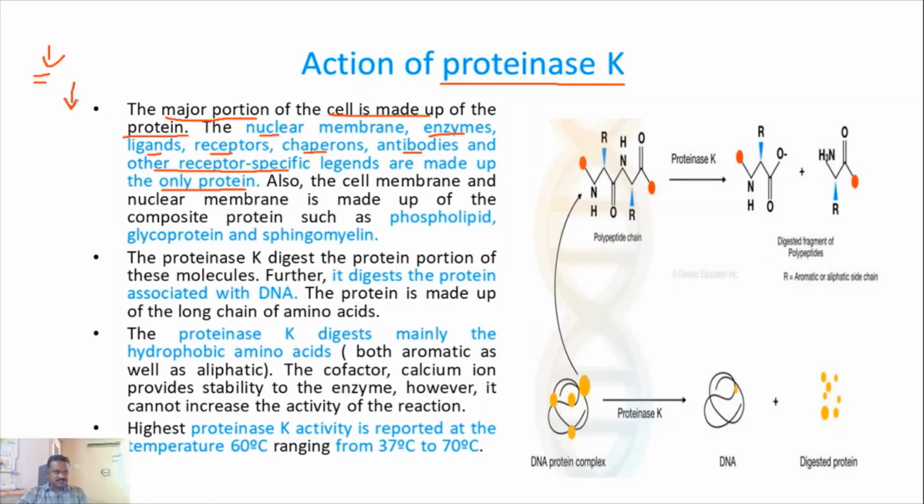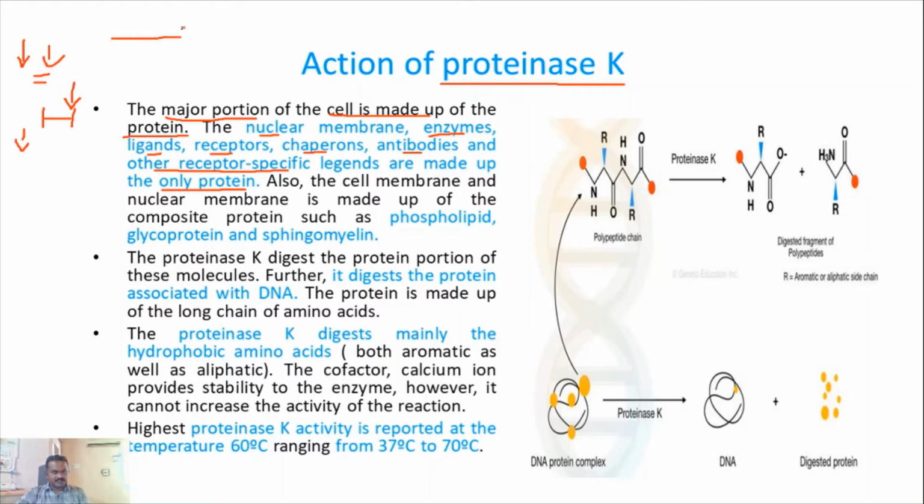Those proteins should be removed in the isolation and separation of genomic DNA. Then only do we get the genomic DNA, because proteins strongly influence the separation.